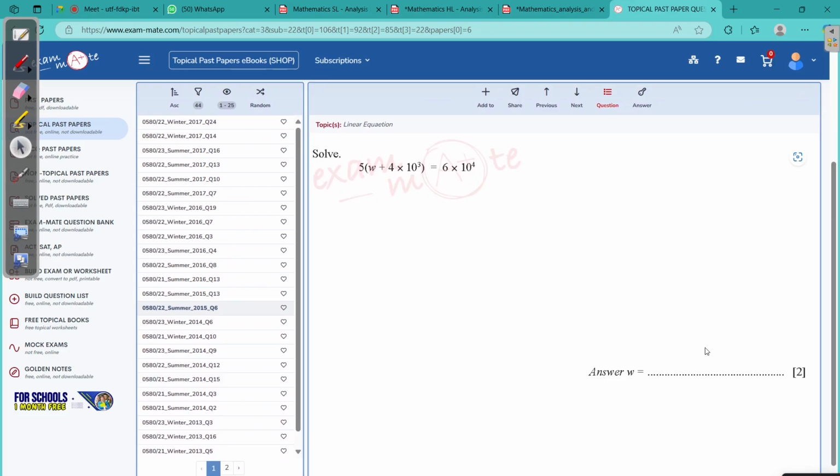So try to expand W plus 4 times 10 plus 3. Oh, okay. Wait, 20,000 is equal to 6 times 10 plus... There has to be an easier way of doing this.